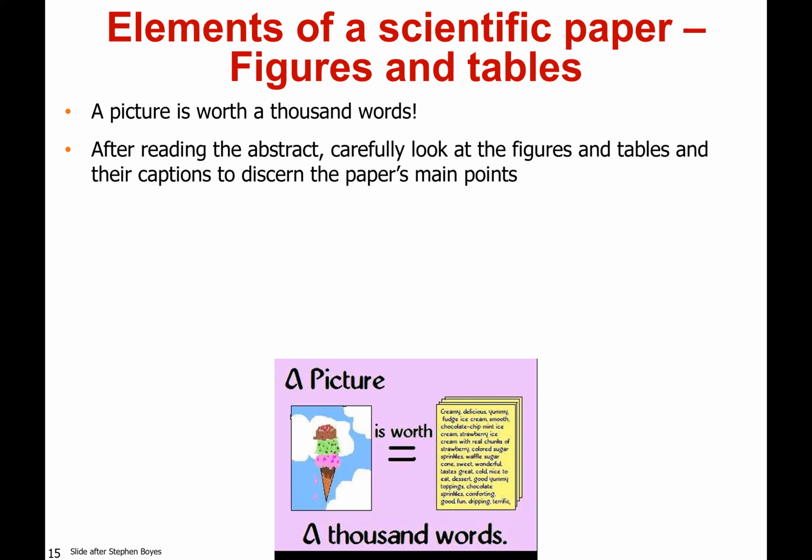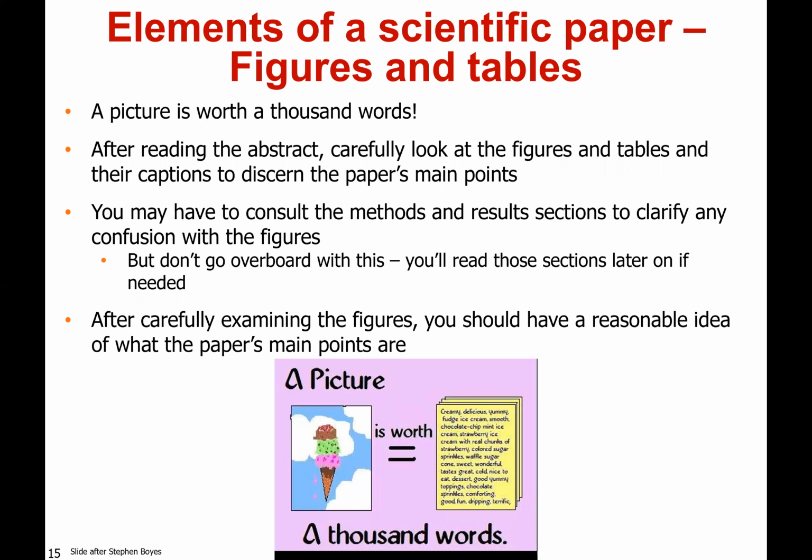So after reading the abstract, look through the figures, read the captions, and in well-written papers, you can understand the figures, at least to some extent. Poorly written papers, sometimes not so much. So sometimes, especially if you're reading a poorly written paper, you have to consult methods and results to clarify the confusion with the figures.